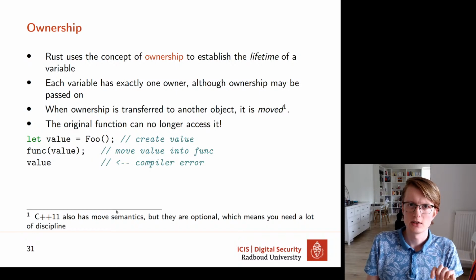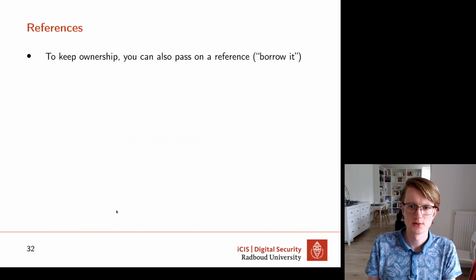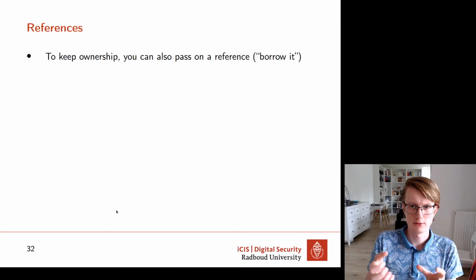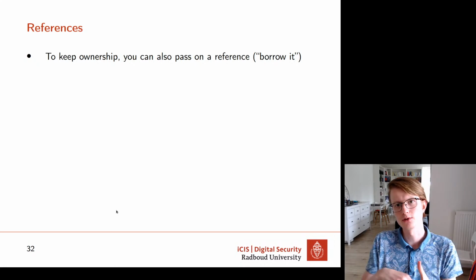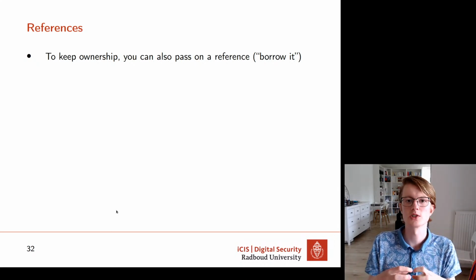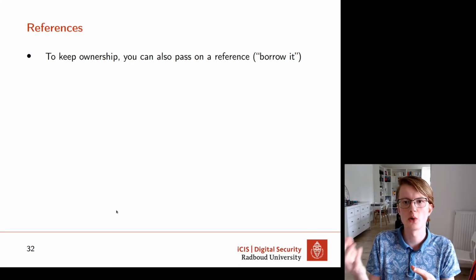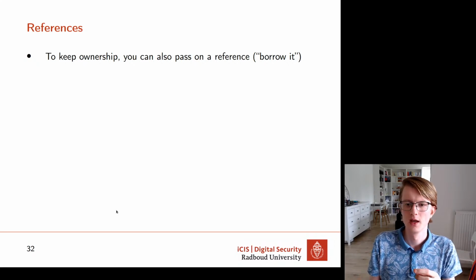But that also means that you need to be very careful with your references, with your pointers. If you want to give your value, your variable, to some other function, but keep your ownership, you need to pass on a reference. And that other function will be said to borrow the variable.